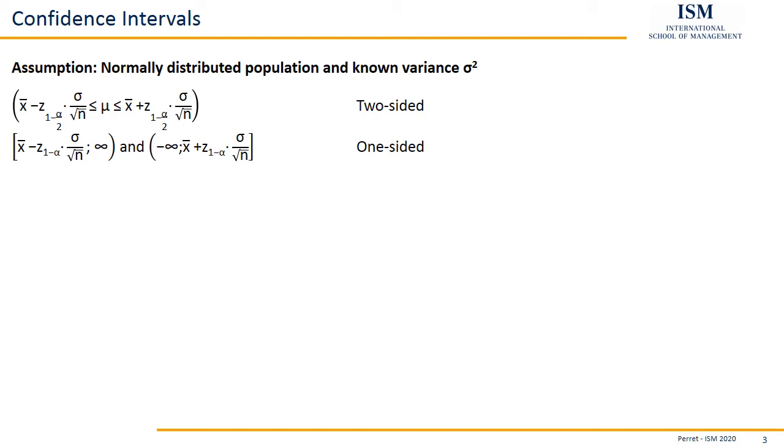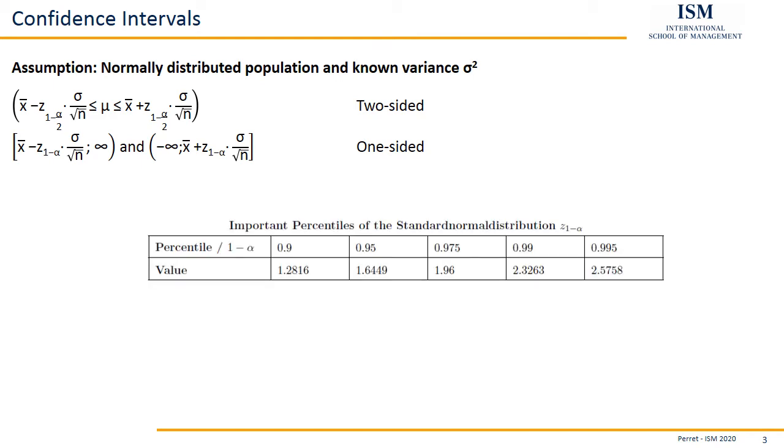The first one, as we see in the formula, is the arithmetic mean based on our data set. The second one, usually given in advance, is the standard deviation, or we can get this by taking the root of the variance. Then we need the number of observations, that's the n. And we need this value z_{1-α/2} or z_{1-α}.